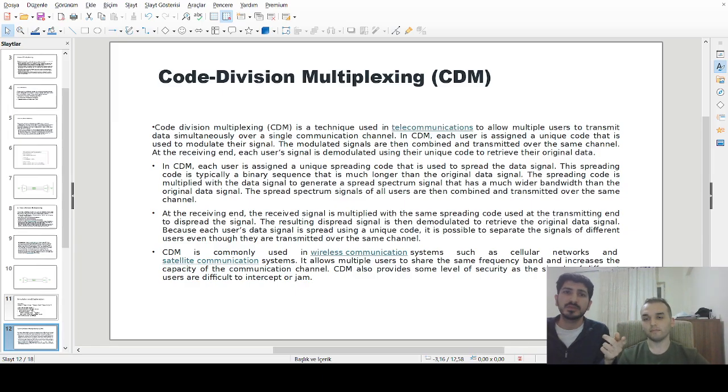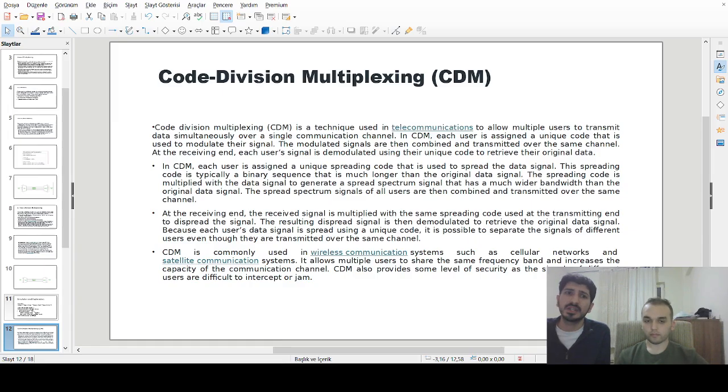The spread spectrum signals of all users are then combined and transmitted over the same channel. At the receiving end, the received signal is multiplied with the same spreading code used at the transmitting end. Because each user's data signal is spread using a unique code, it is possible to separate the signals of different users even though they are transmitted over the same channel.